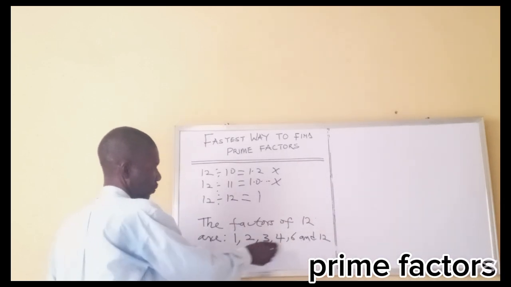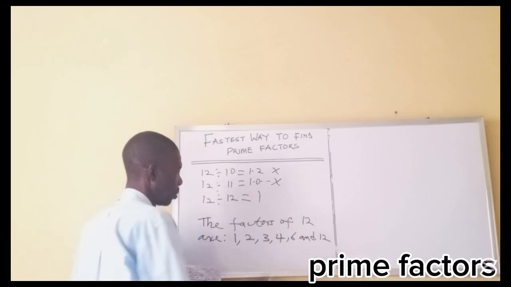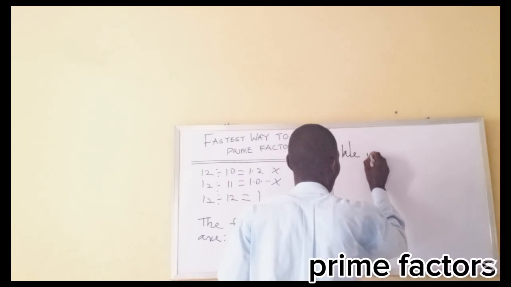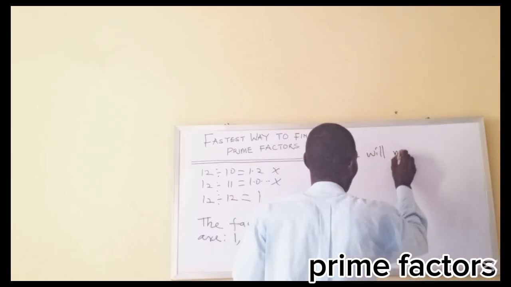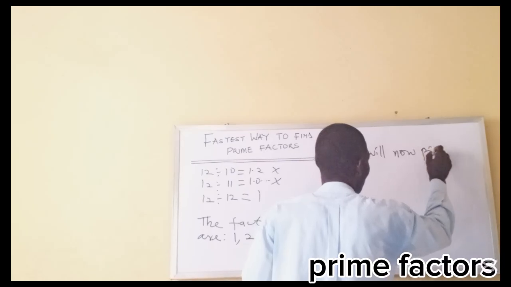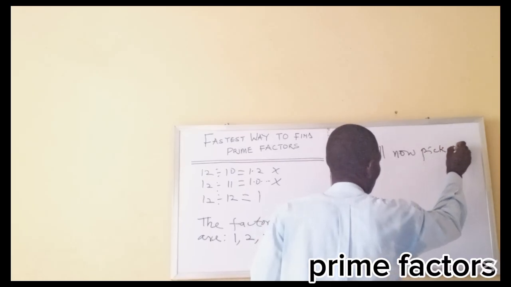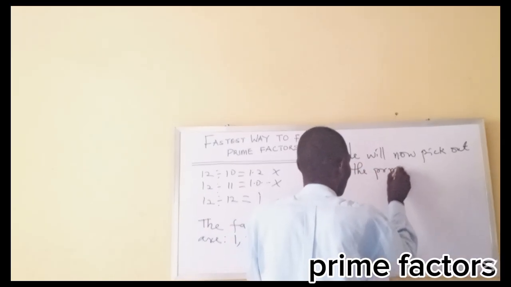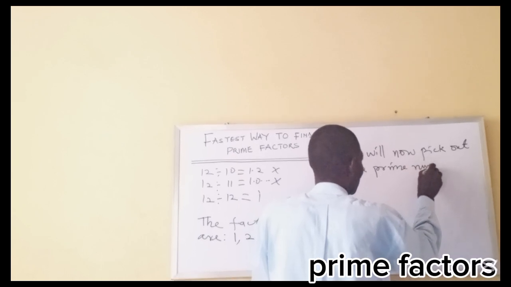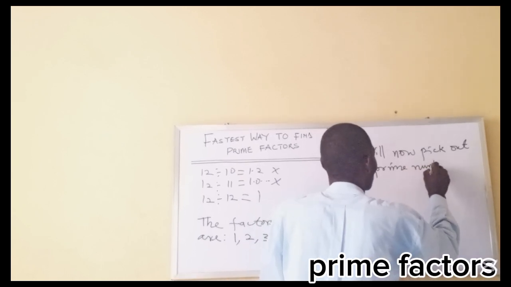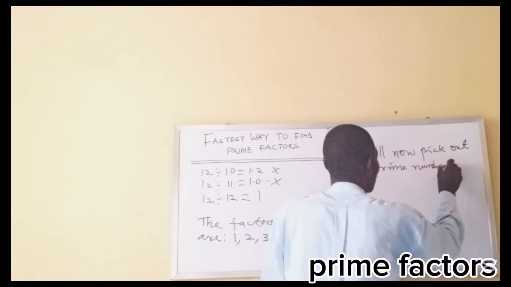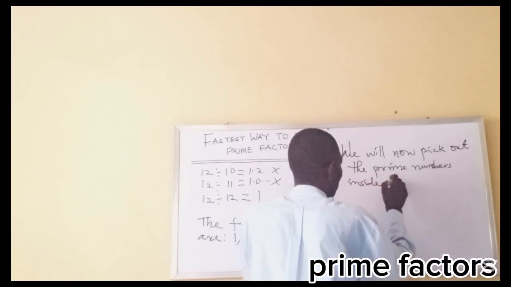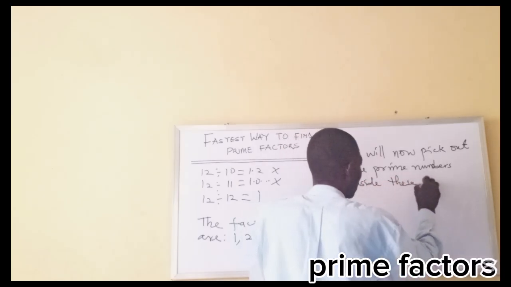So we have gotten the factors of 12. So we are now going to pick out the prime numbers inside these factors.